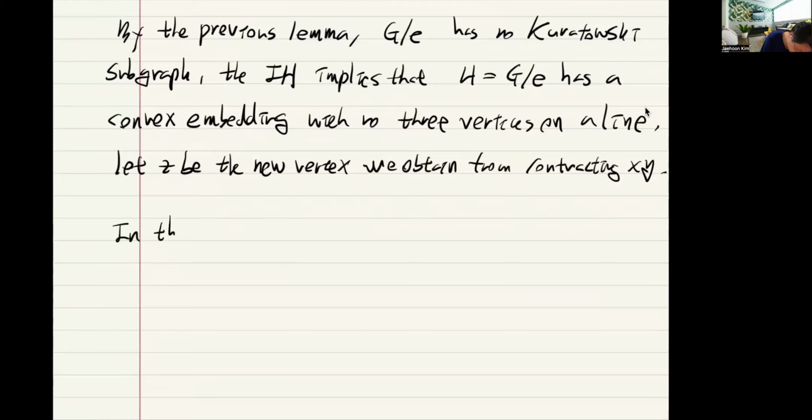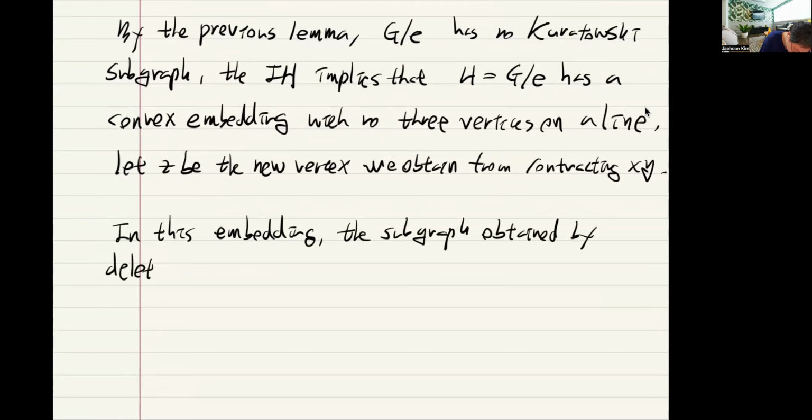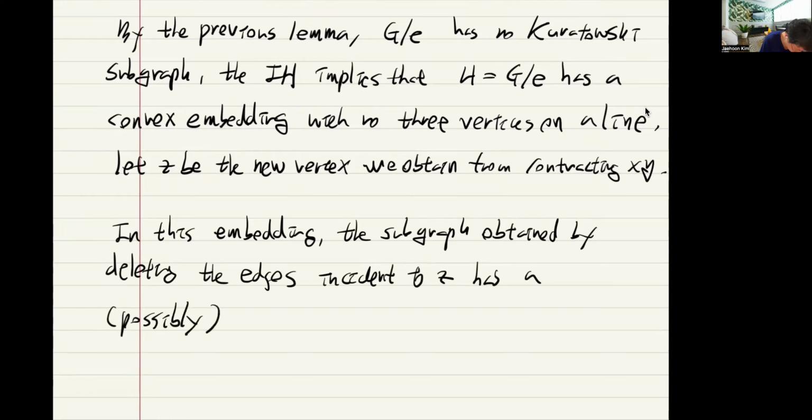So what? In this embedding, the subgraph obtained by deleting the edges incident to g has a face containing g, which is possibly unbounded.